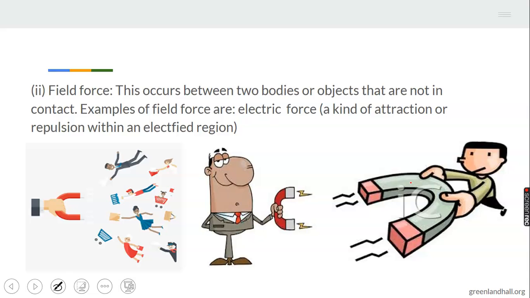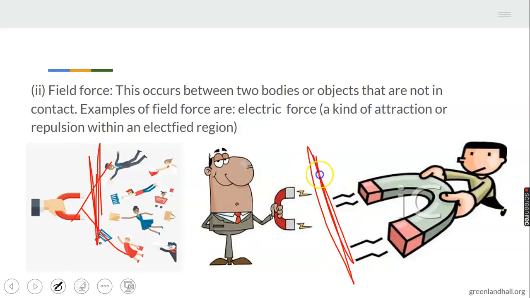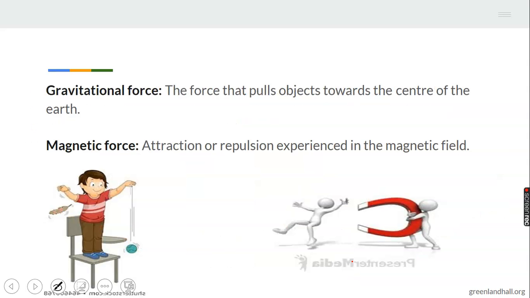You can see here, before these guys get to each other, the magnet doesn't need to touch them, but eventually they will get to each other. But before that time, the force that is working between them is called a field force. Between this space here, there's field force trying to bring them to one another.